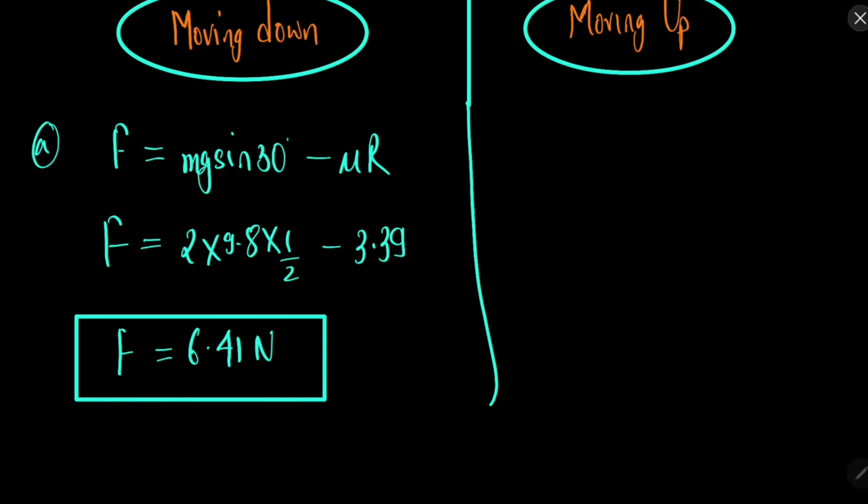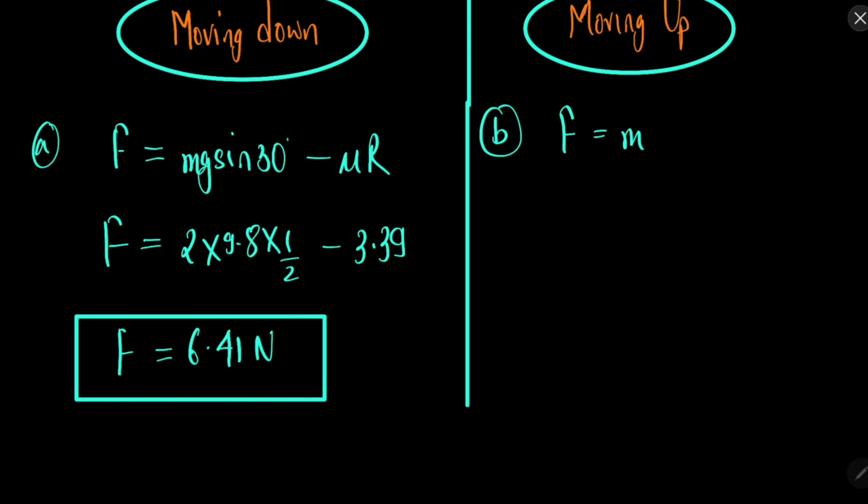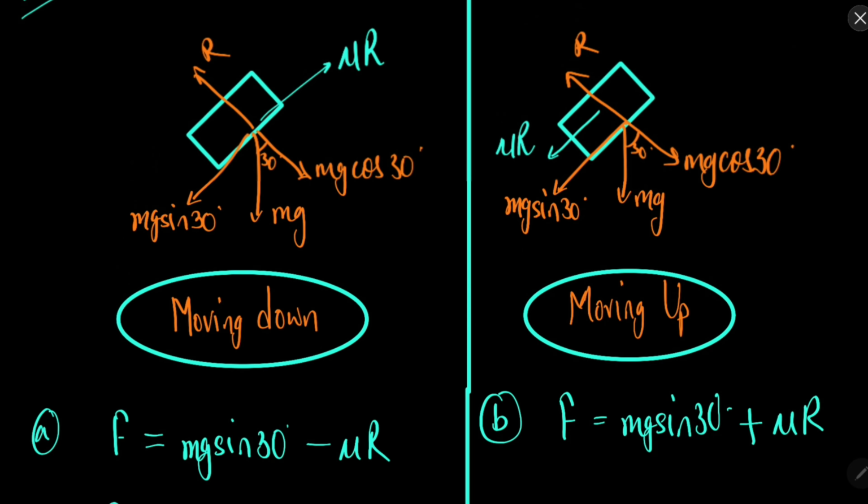But what about the second part, when it wants to move up? So when it wants to move up, then again the situation will be F equals mg sin 30 degree plus mu R, because both are in the same direction.